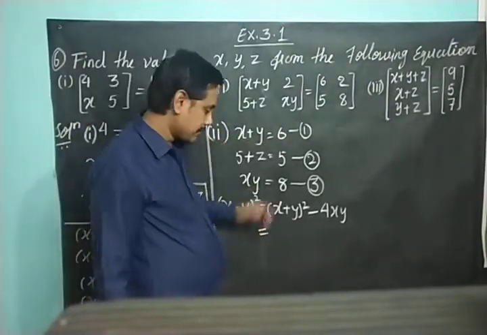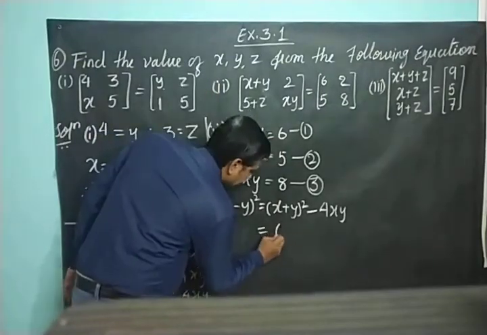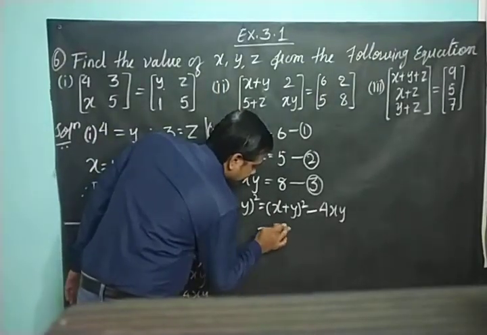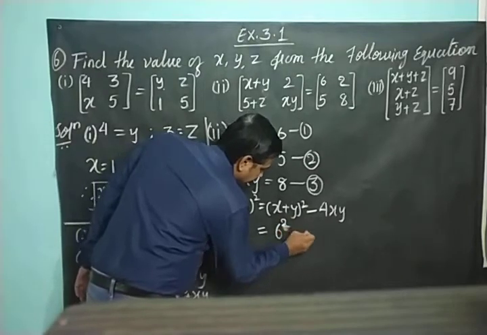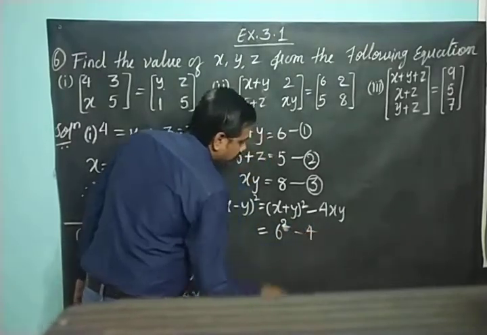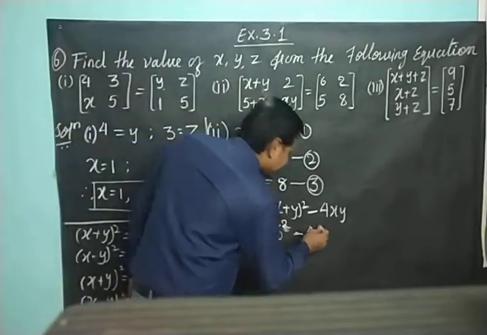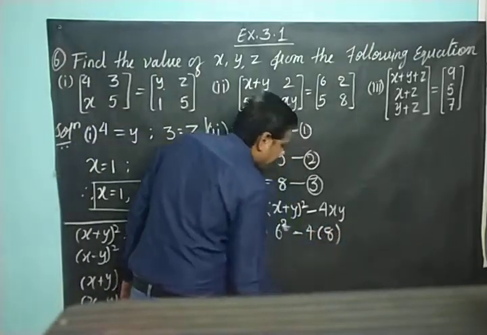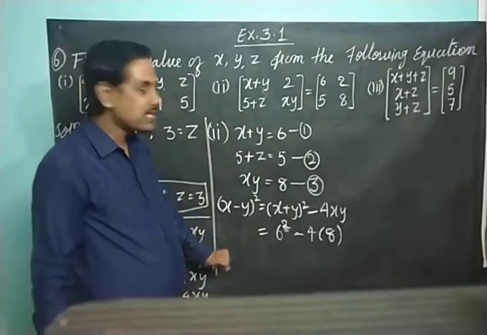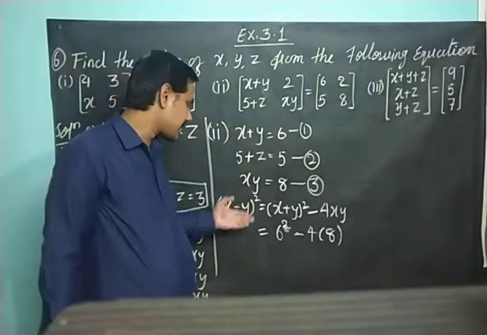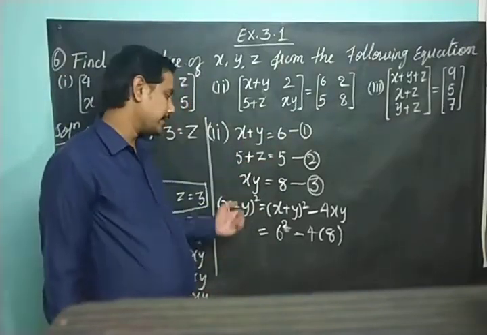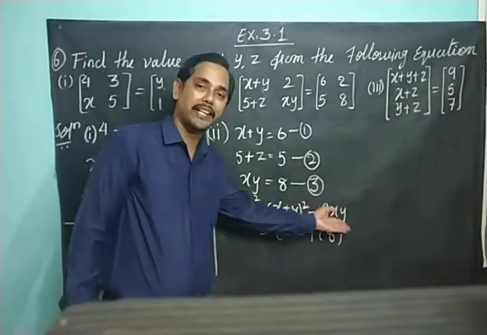That is 6. So I can write 6 square minus 4 into, what is xy? 8. So x plus y is 6, xy is 8. I have substituted in place of x plus y and xy.